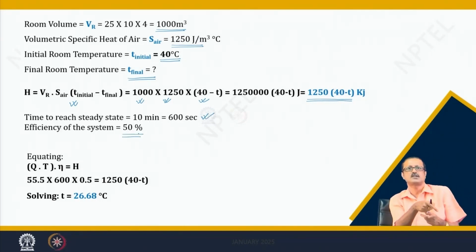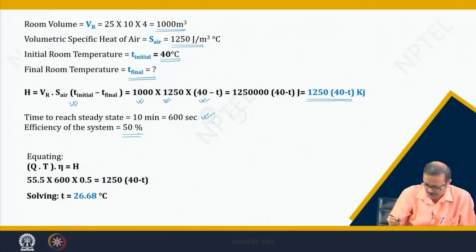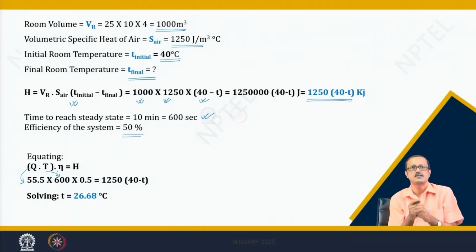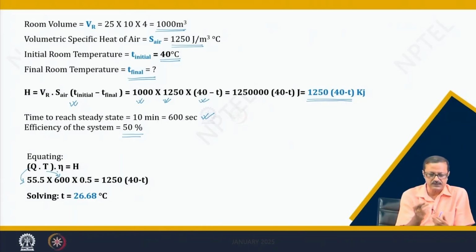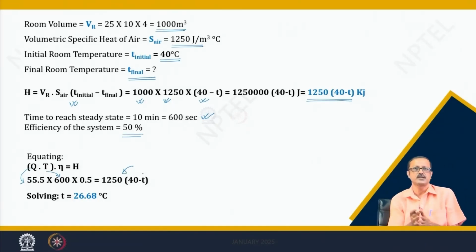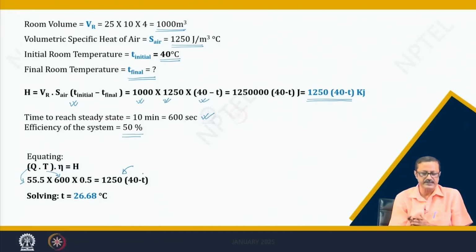So, I will go back to the third formula where Q is 55.5, T is 600 second, eta, the efficiency factor, is 0.5, and the total H is there, and the only unknown is T. By solving I got T is 26.68 degree, which is far below that 40 degree.